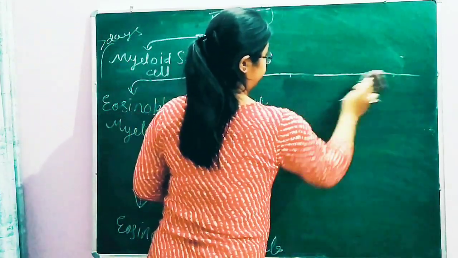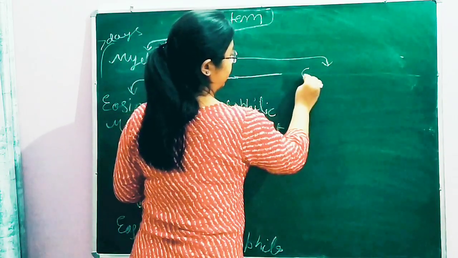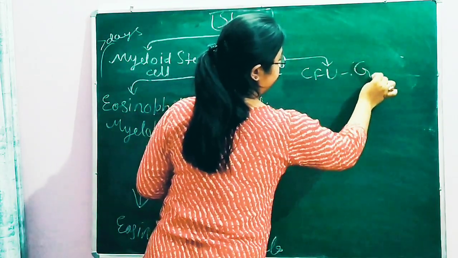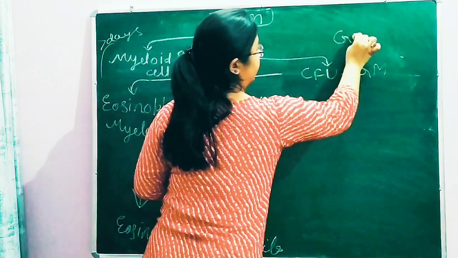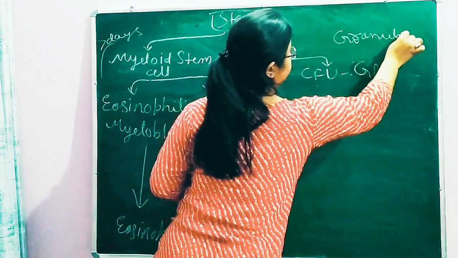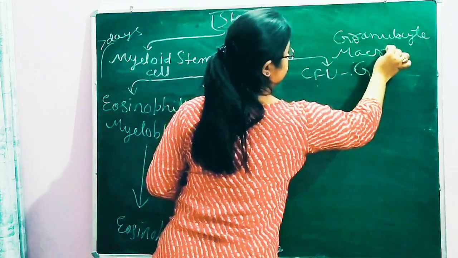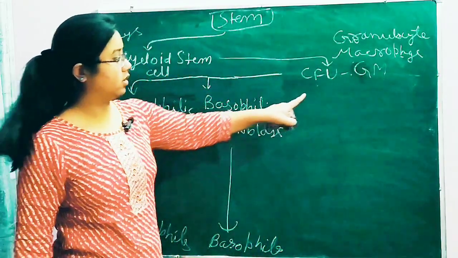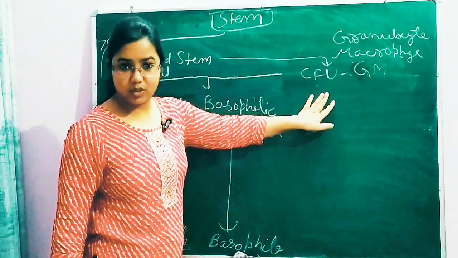Next, this is further divided into CFU-GM, that is colony forming unit granulocyte macrophage, which is the progenitor cell.